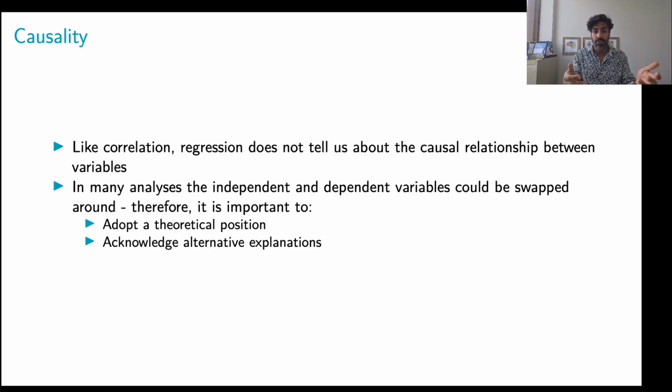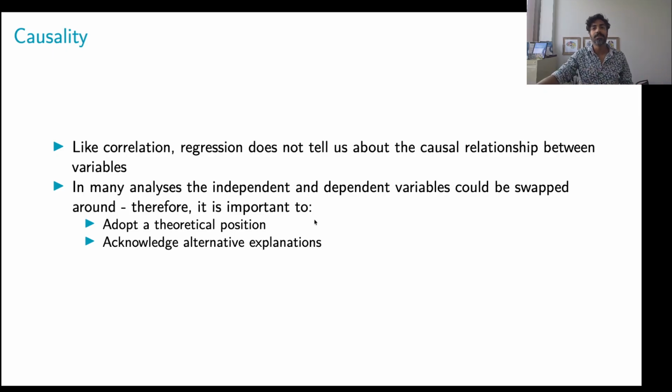It's random because of the random allocation. It addresses that. But multiple linear regression analyses, like correlation, do not tell us about the causal relationship between variables. But as I've alluded to already, it can if you have a theoretical rationale for the direction as to which way things are going.